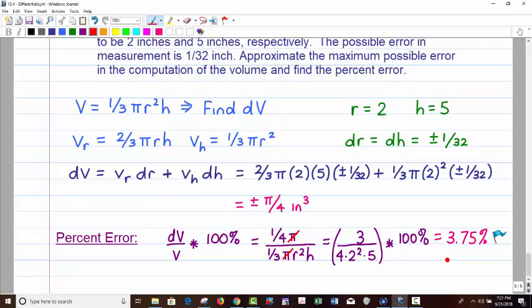I didn't even write plus and minus on that. I guess I forgot to put that in the answer, but that's okay. It's not the end of the world if it's not there. But it would be plus or minus 3.75%, possibly the entire volume being off somewhere in that range. All right, that concludes this video on differentials.